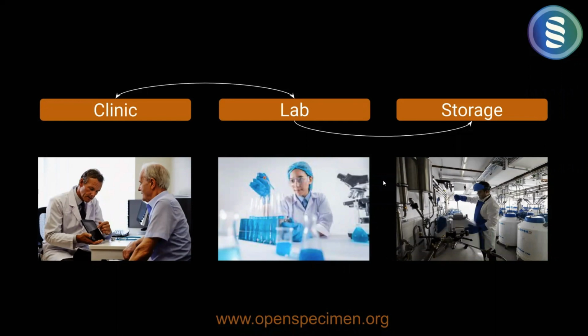That's one touch point. The second is labs, where specimens are processed and aliquoted. You receive the primary specimen and then do further processing out of it. And finally, the storage facilities, where the specimens are stored.